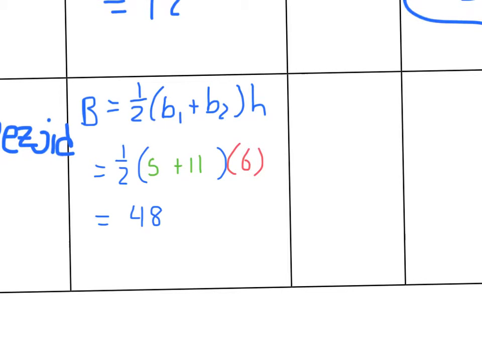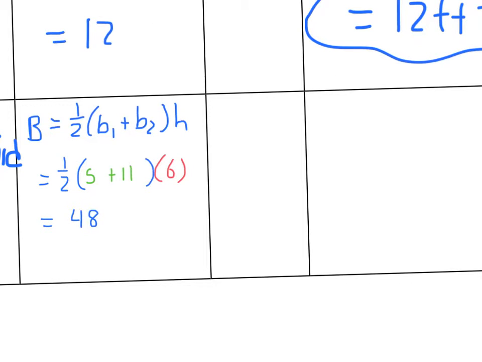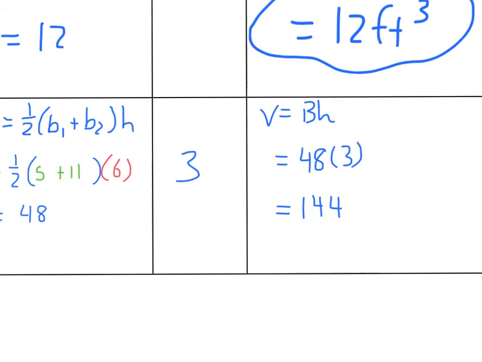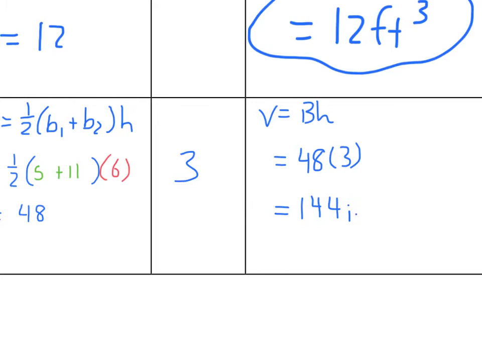We already said that the height of the prism was 3. So now we just plug and play. Base times height, or area of the base times height, and simply 48 times 3, which is 144 inches cubed.